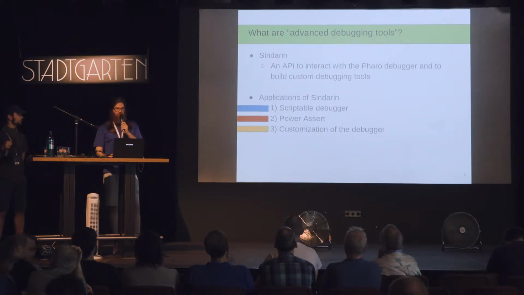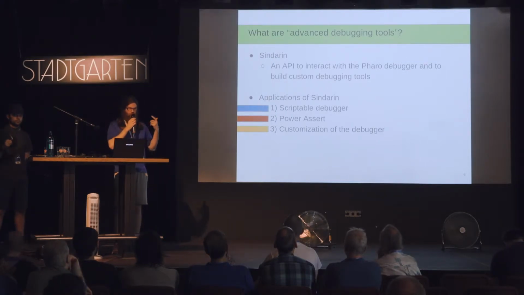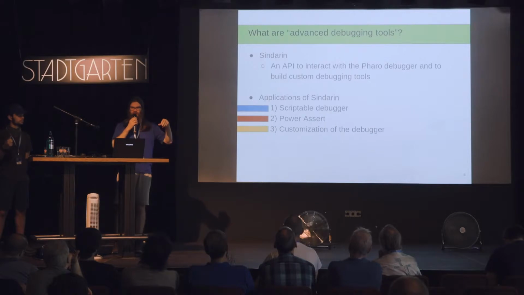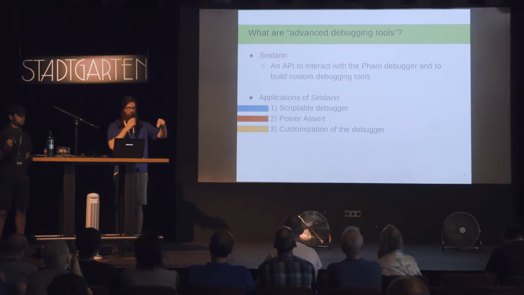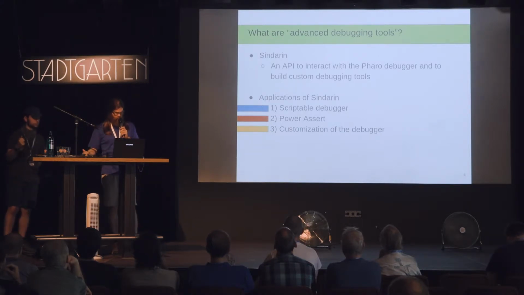And for that, we are going to present Sindarin, which is an API to script the Faro debugger. With this API, you can control the debugger and build specific debugging scripts, and also build tools using those debugging scripts.